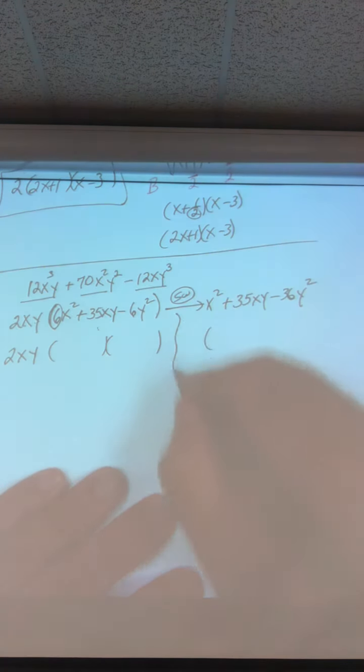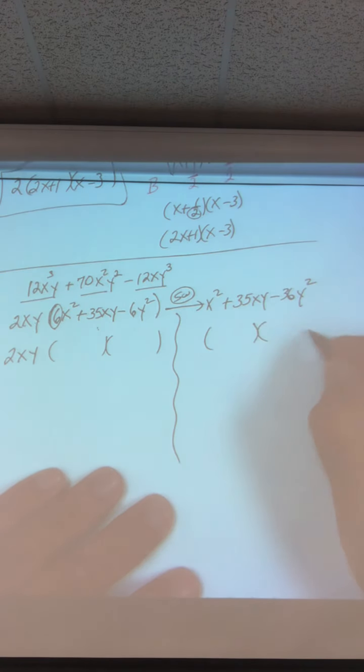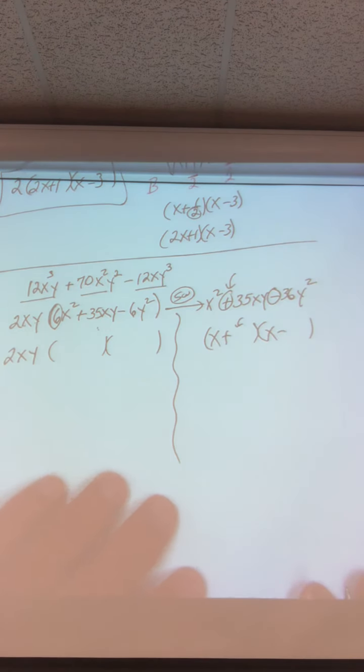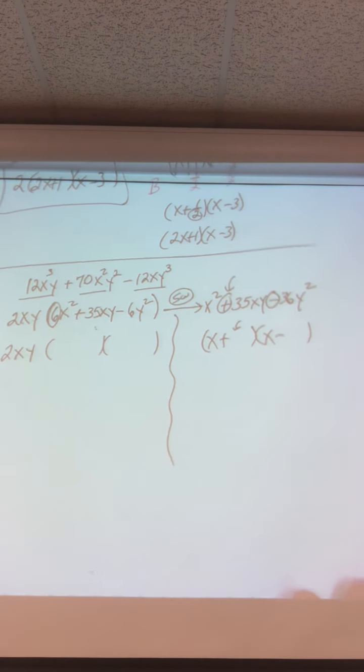Okay, now let's factor this. X squared, x and x. Signs are different. Largest is plus, so my largest number is going to go right there. All right, what 2 numbers do I use?